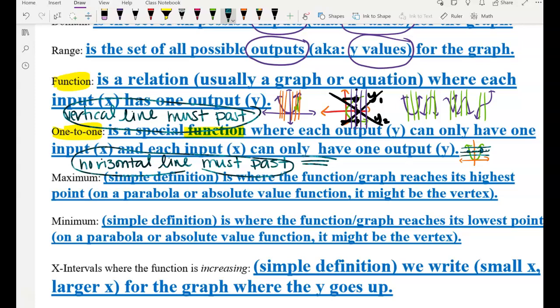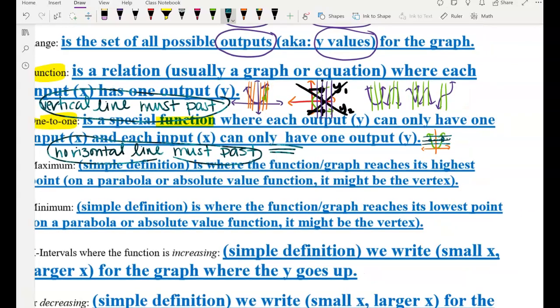Maximum, this is a very simple definition, students, is where the function or your graph reaches its highest point. So on a parabola or on the absolute value, it might be the vertex. Now the reason I said might be is because if we have an upside down parabola, this would be a maximum, okay?